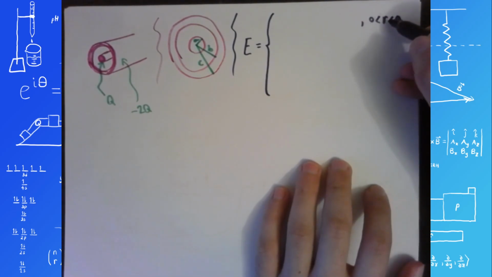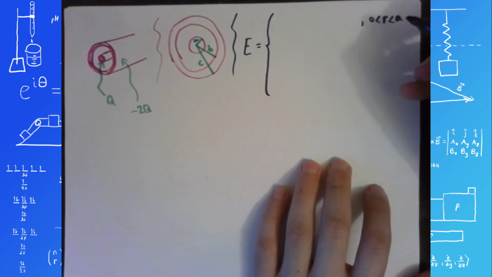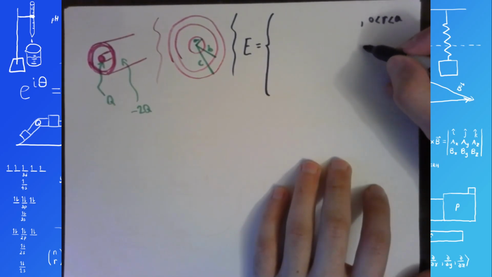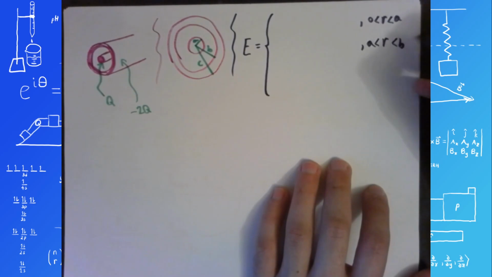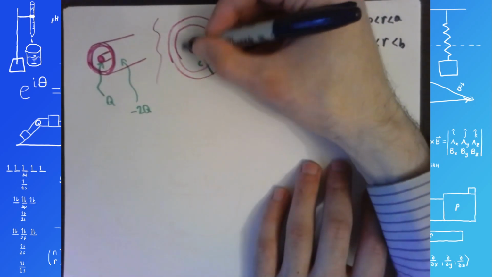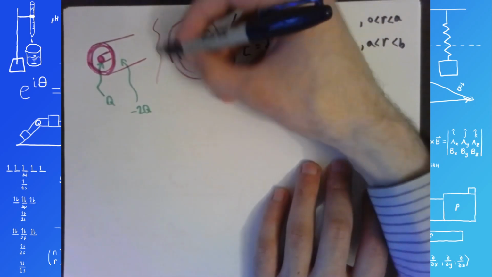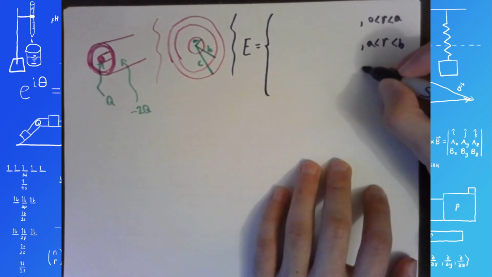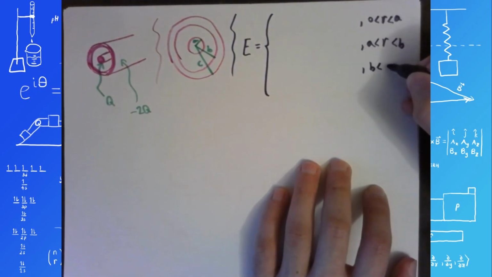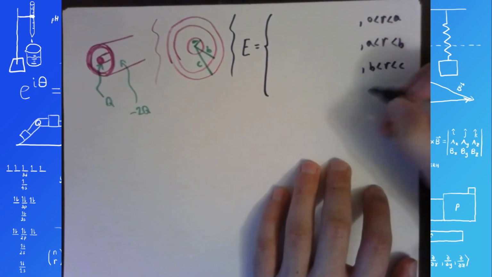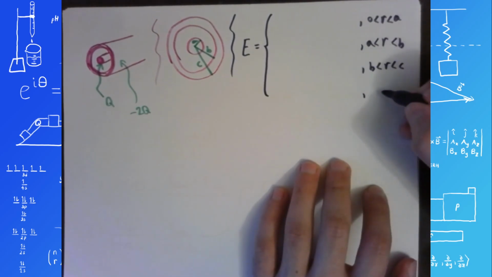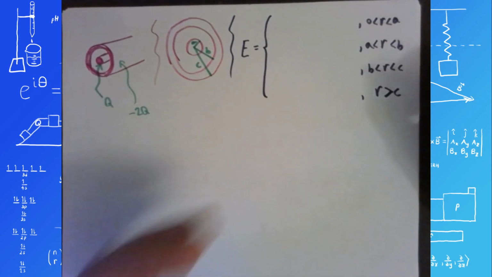So the radius of our innermost Gaussian cylinder will be somewhere between 0 and A. Then something greater than A but less than B, then part way through the outer shell, and then all the way outside of the outer shell. So the next one would be between B and C in terms of radius, and the last one will be just outside of C, wrapping around the whole entire system.